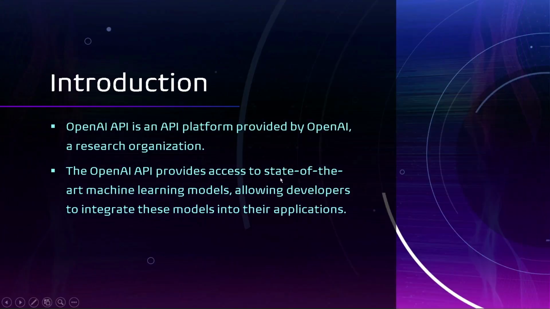So these models are basically used by the developers to integrate them into the application, to perform a wide range of tasks such as text generation, translation, question answering, and summarization.